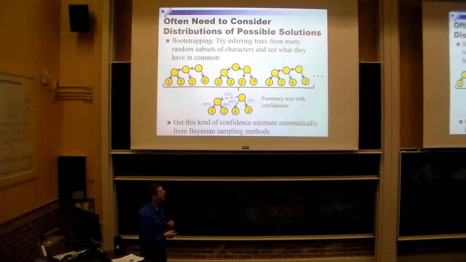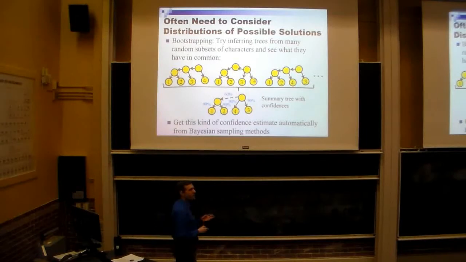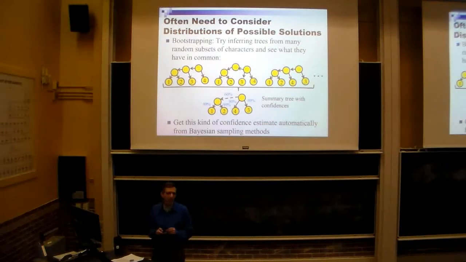If you're doing these Bayesian type approaches, then often that comes directly out of the methods. You sample over your likelihood function, and you can figure out which trees are well supported and which features of trees are supported by a large fraction of the likelihood probability.